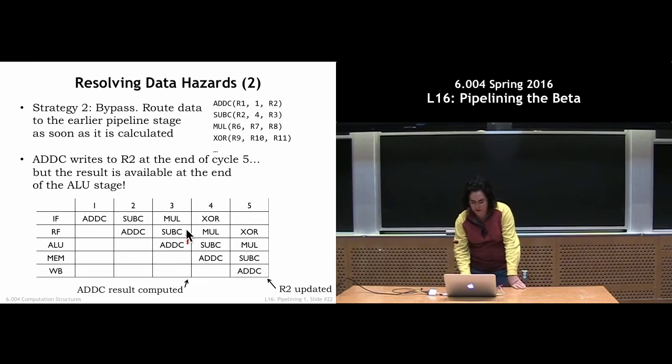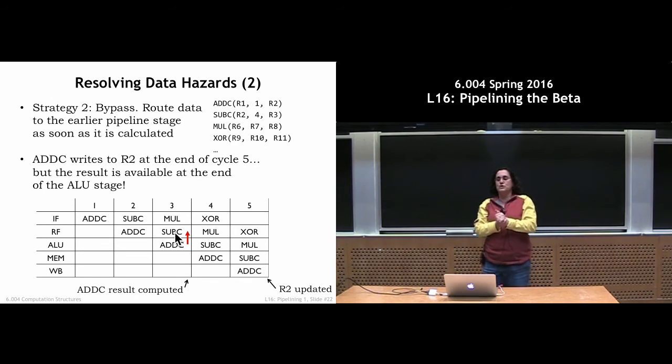What this red arrow here is showing us is that I can add a wire that takes the output of my ALU stage and feeds one of the possible inputs for my RF stage. And it's saying that I can read my register not only from the register file, but also one other possibility is that I could take the input of what was just produced in my ALU stage.